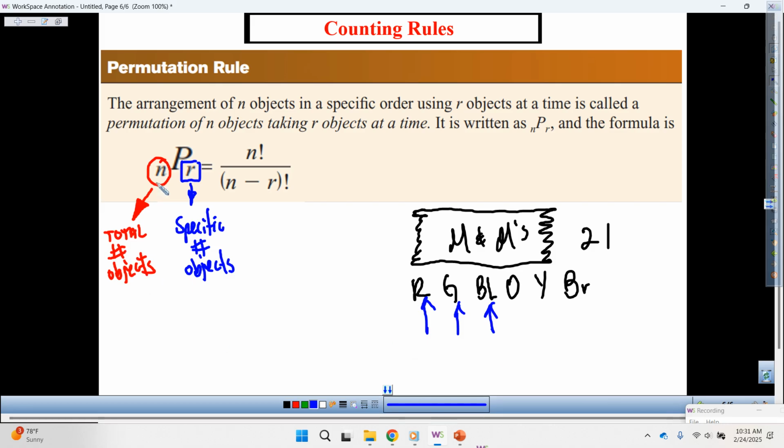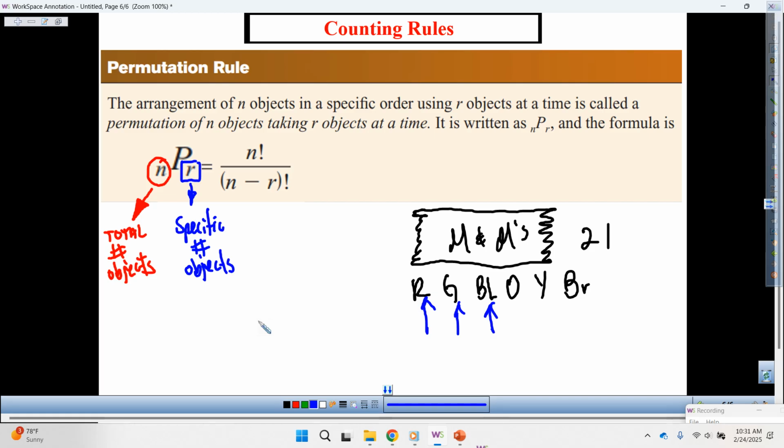So, think about this. What number should I use for n? And what number should I use for r? Talk it over with your neighbor. One number for n, one number for r. All right.